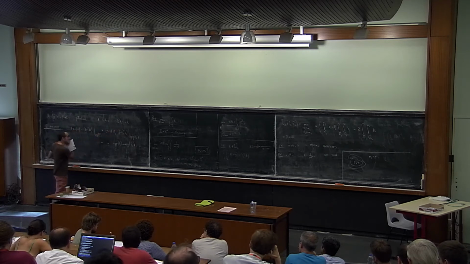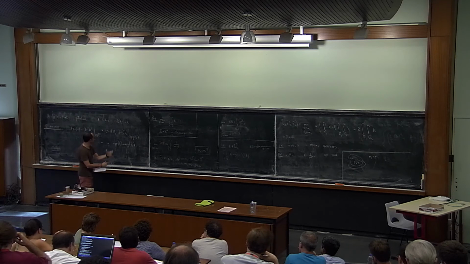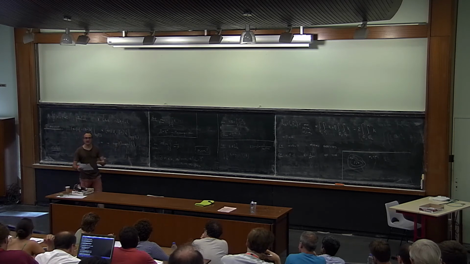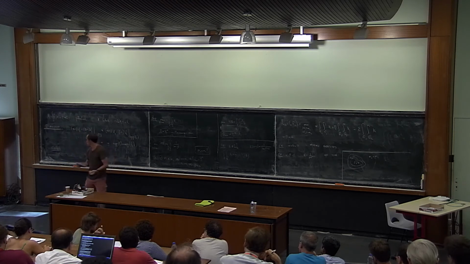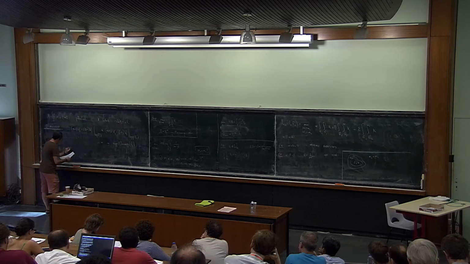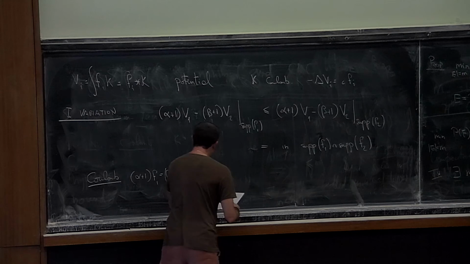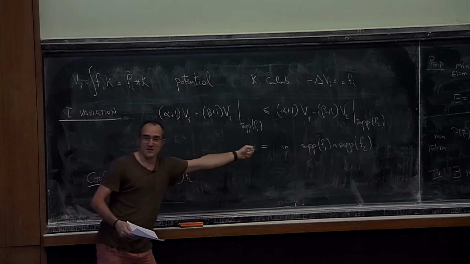Because, for example, if you take now the Laplacian of this, inside the region of mixing, you get a certain equality between F1 and F2. And in particular, in the Coulomb case, you get that (alpha plus 1) F1 is equal to (beta plus 1) F2 in the mixed region, where I have equality.